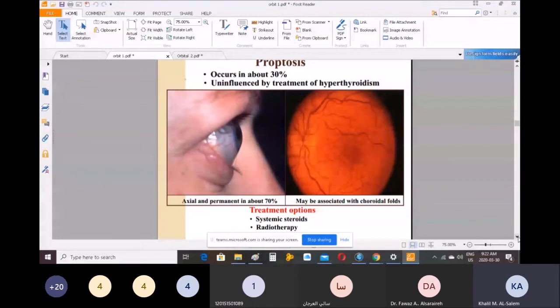That's why we always urge nuclear medicine people to stabilize the patient very well and give them a short course of steroid before treatment, because things will get very bad after the radiothyroidectomy.